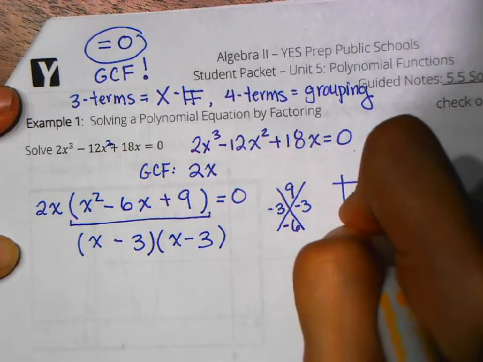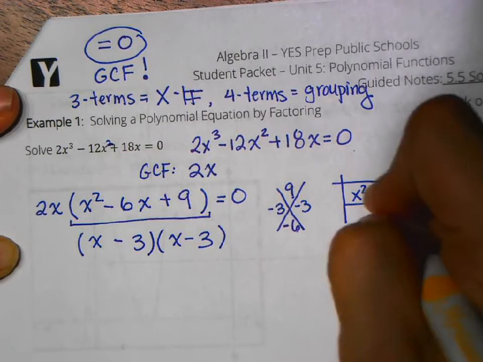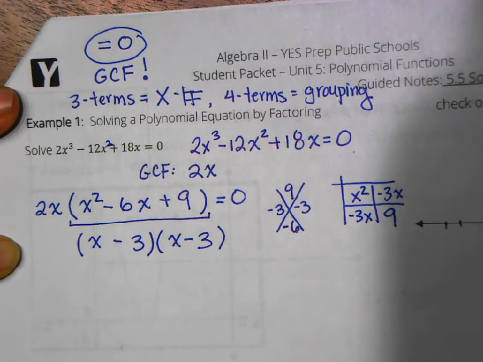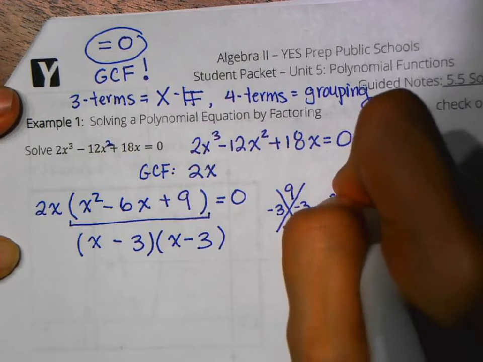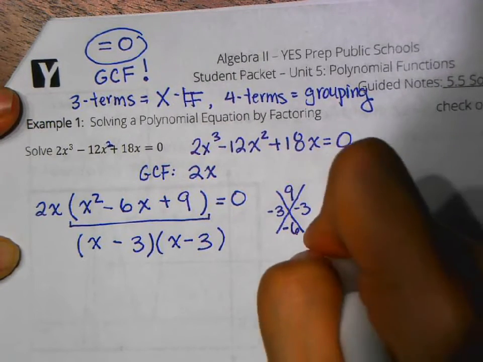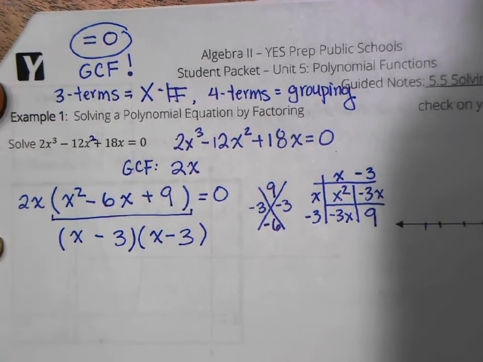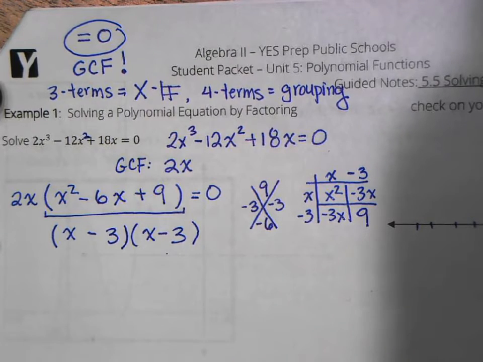That means that I have x squared in the first box, 9 in the last box, negative 3x and negative 3x on the diagonal. The greatest common factor is x. x times x is x squared. x times negative 3 is negative 3x. x times negative 3 is negative 3x. Notice how that still got me a factor of x minus 3 times x minus 3.